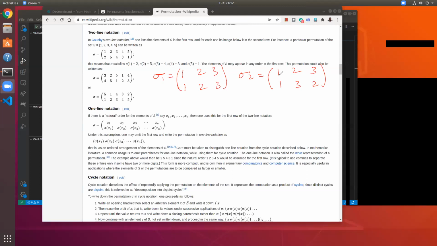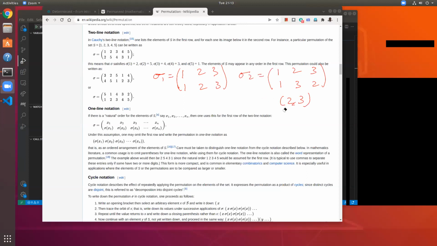The way of representing this permutation is, so 1, 2, 3 and 1, we don't consider it. We just remove this.